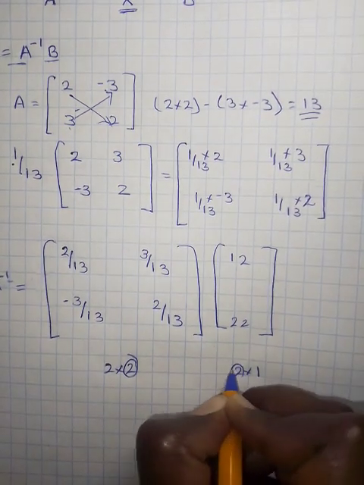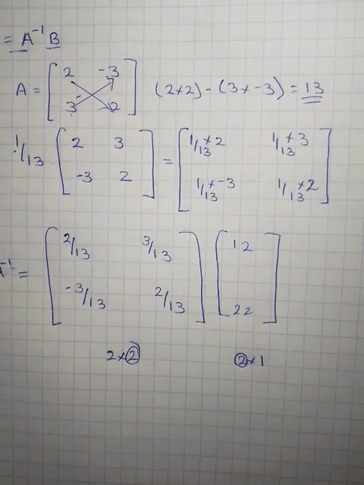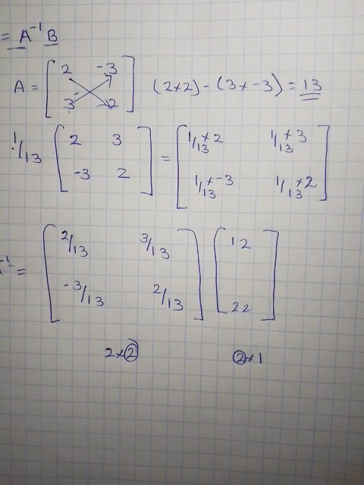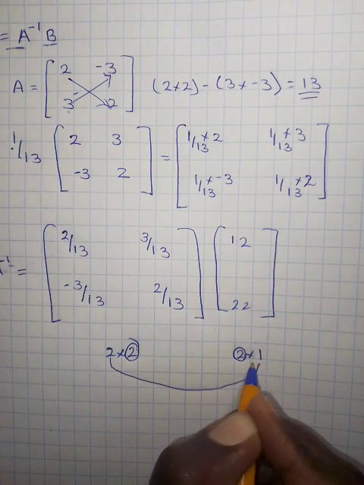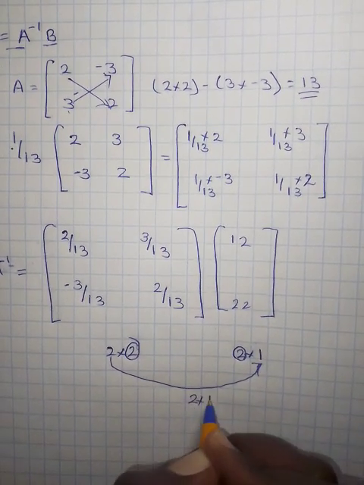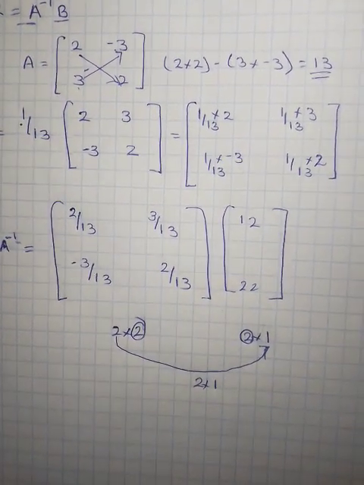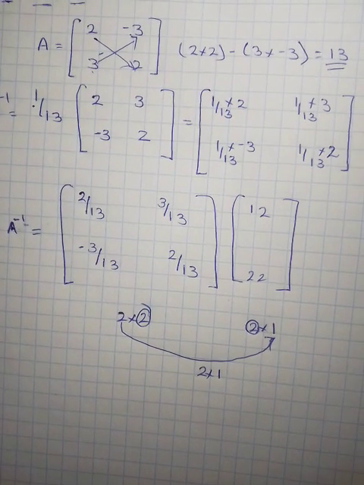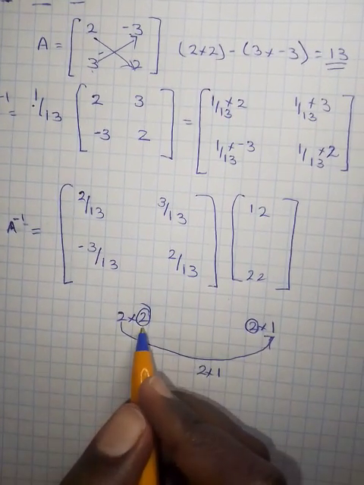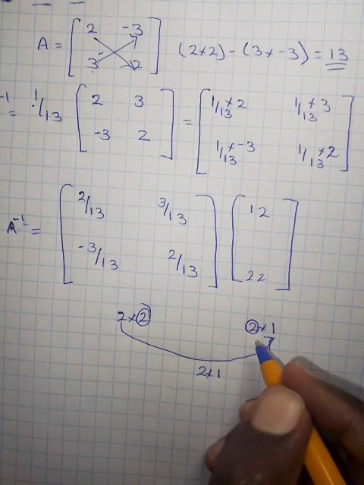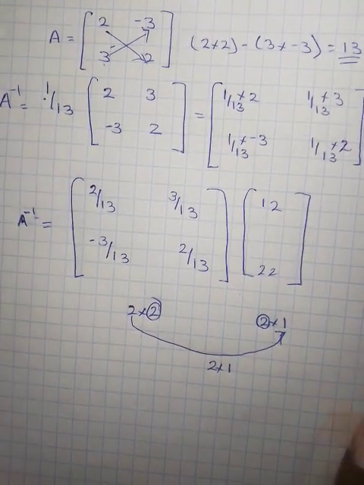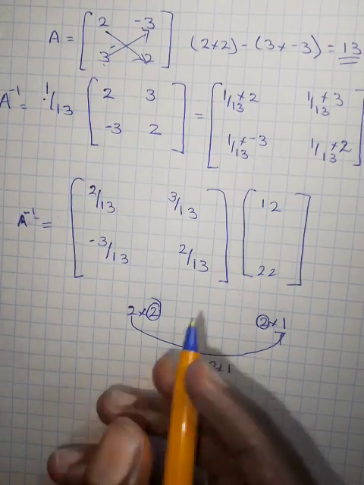So those are the same, so that is a feasible multiplication. We will multiply that to get a 2 by 1 matrix. Remember, the columns of the first matrix must be equal to the rows of the second matrix for multiplication to be feasible.